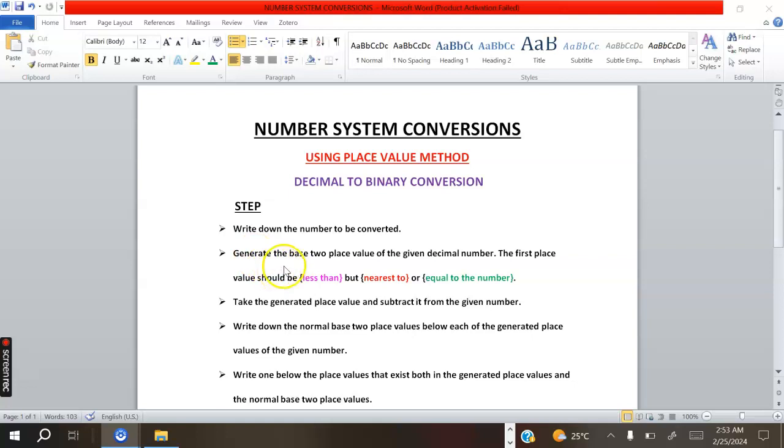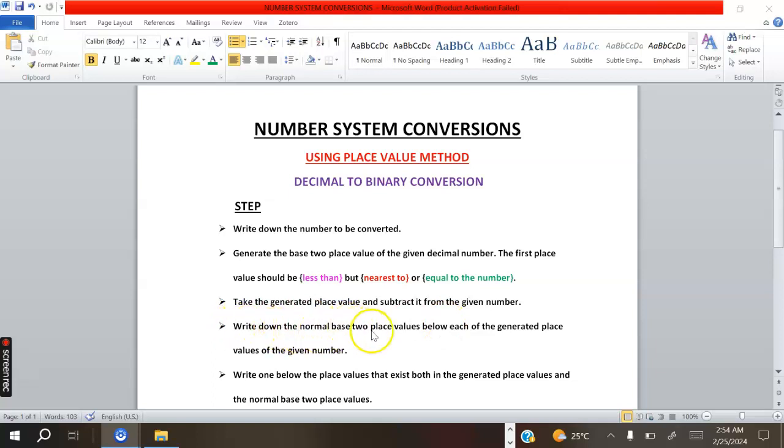Note that when you generate base 2 place values, the first place value should be less than but nearest to, or alternatively equal to, the number.